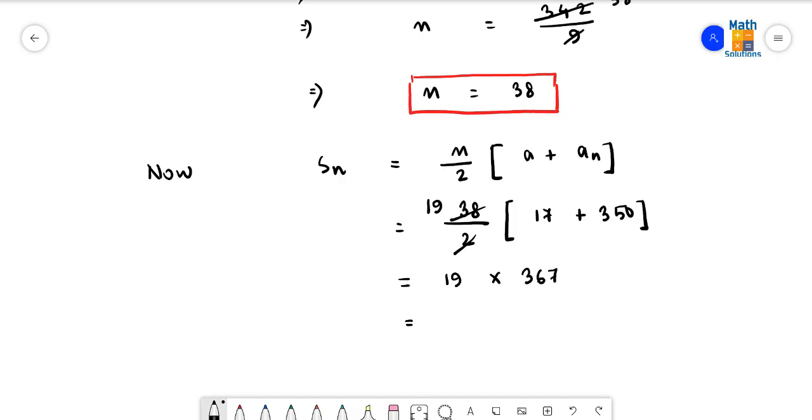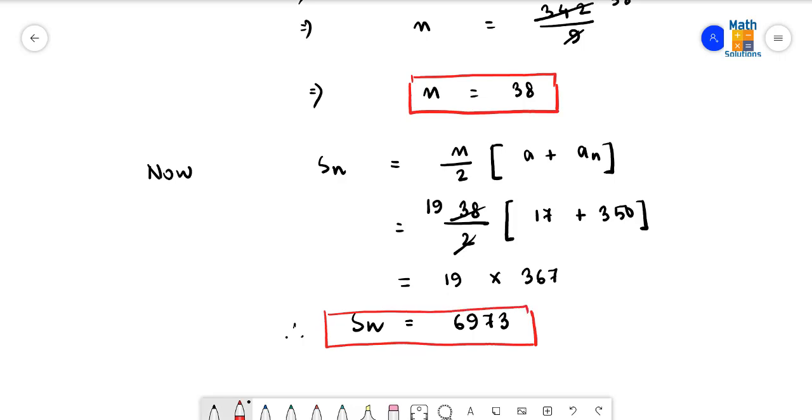On multiplication the result will come as 6973, means product of these two numbers will come as this. So ultimately therefore Sn we got as this result. So this is the second result to be obtained in this question. So this is the answer part.